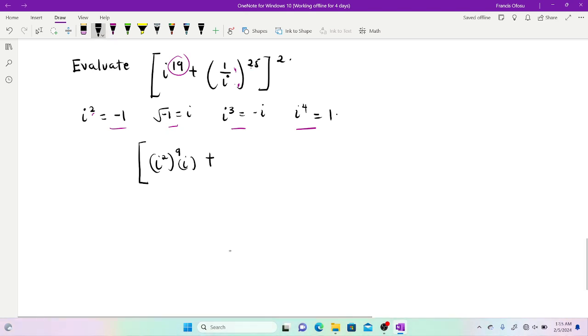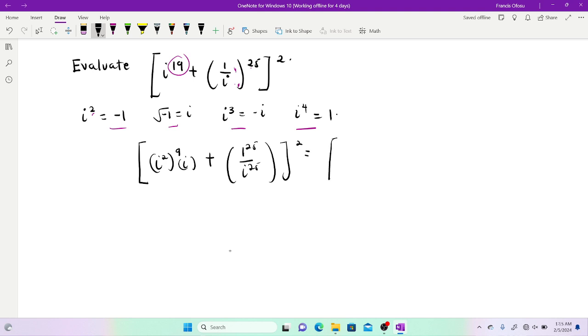This basic algebraic expression: 1 to the power 25 over i to the power 25, then all squared. So we will be getting i squared is -1, so this i squared here is -1 from this side. So we are going to get -1 to the power 9 multiplying i, plus 1 to the power 25 is 1.